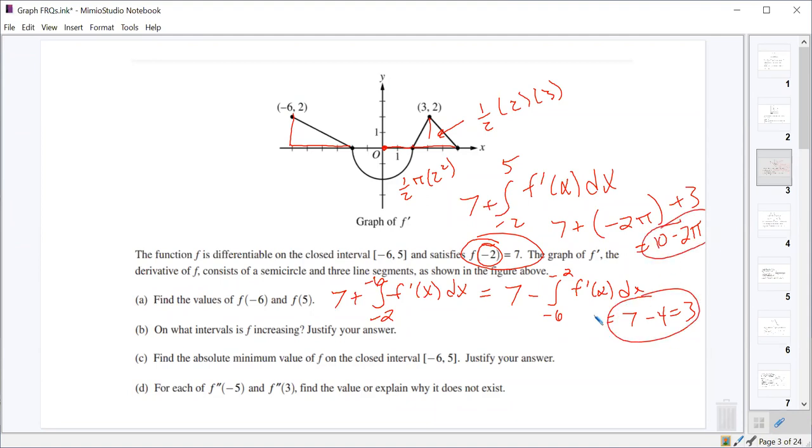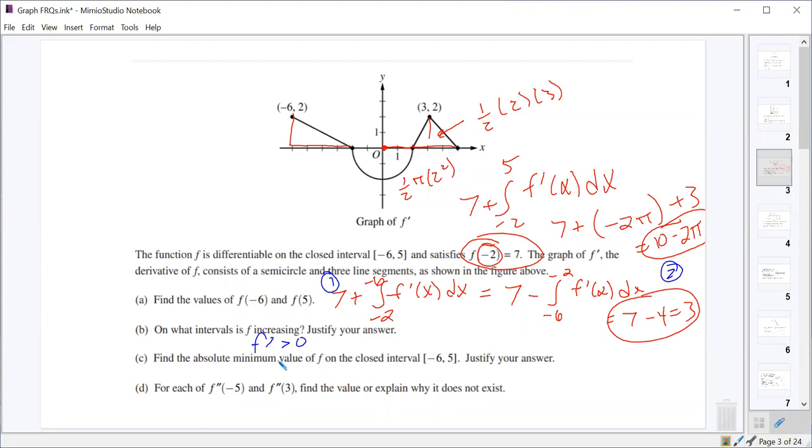All right. Second part of this here is we want to know on what intervals is f increasing. Oh, sorry, I'll give you guys a point breakdown here. For the first one, you got 3 points, 1 if you remember to use the initial condition, and 1 for each of those. Okay, so then if we're looking for when f is increasing, f should be increasing whenever f prime is positive.